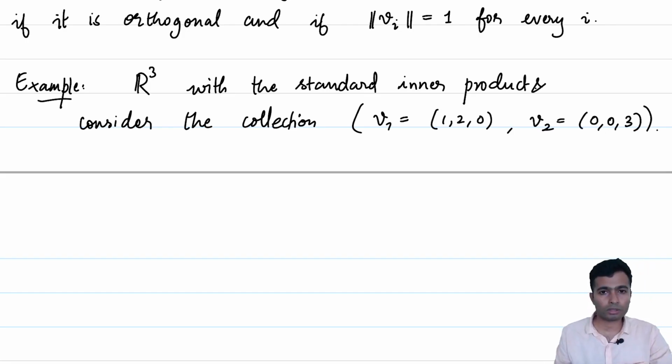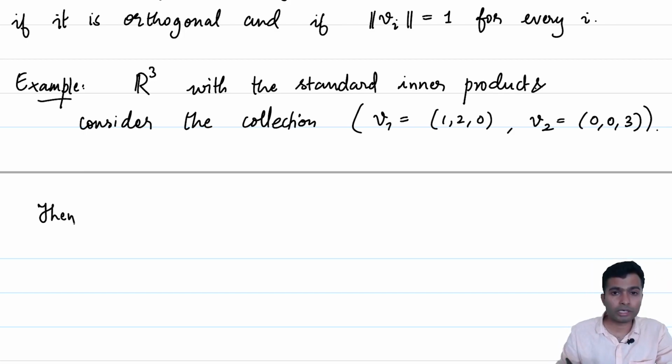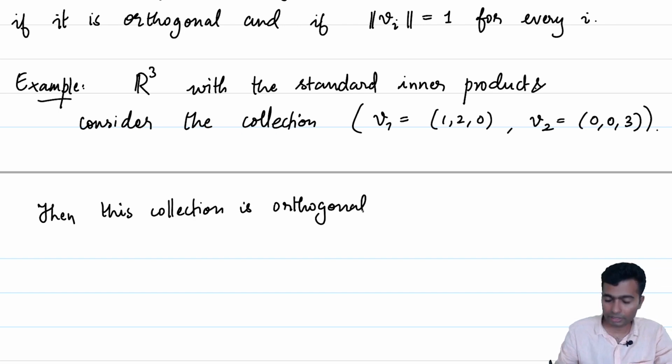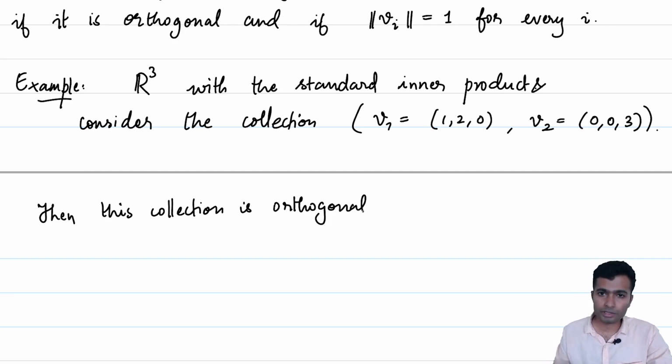Then this collection of vectors is orthogonal. That's a straightforward check. If you look at the inner product of v1 and v2, that will just turn out to be 0.